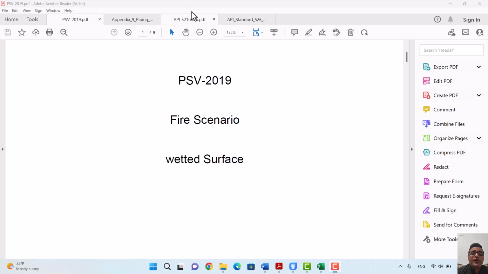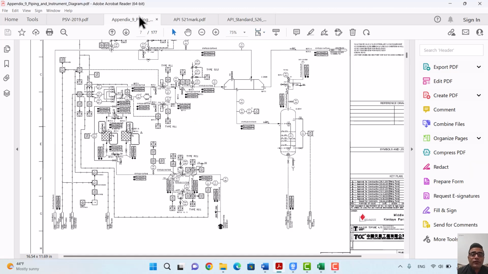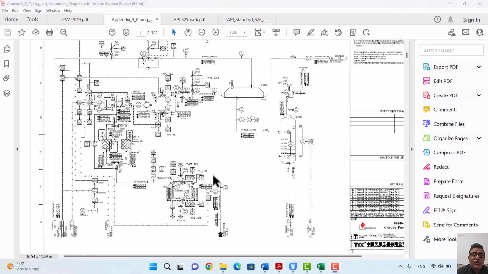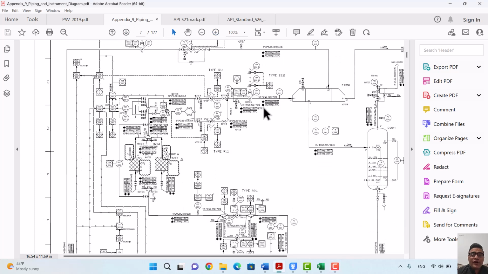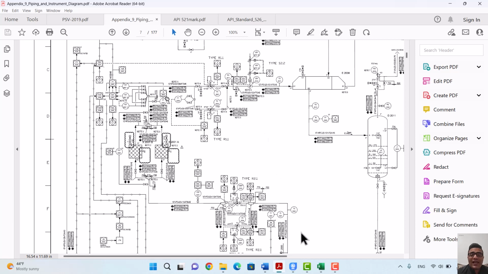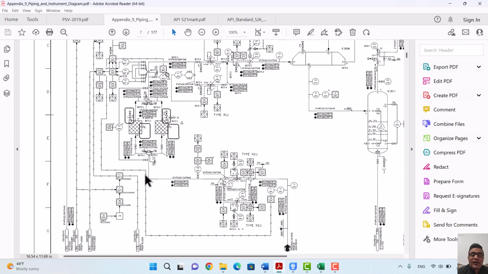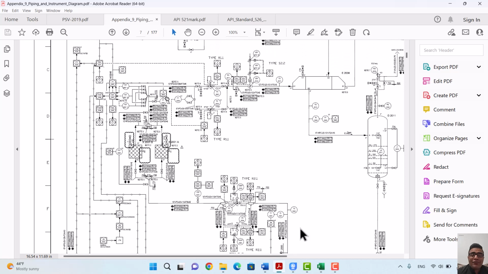So I'm going to introduce you to the example with the real case. Here, as you can see, is the P&ID for a real case, for a methanol plant. This is the oxygen line. The oxygen, before going to the reactor, has to be filtered and preheated.